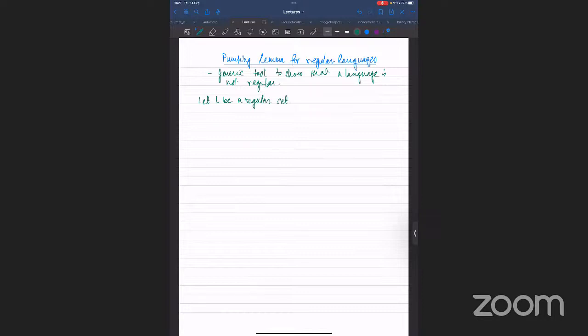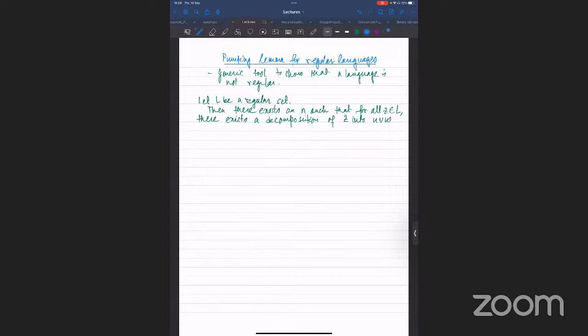Then there exists a constant N such that for all Z in L, there exists a decomposition of Z into UVW.